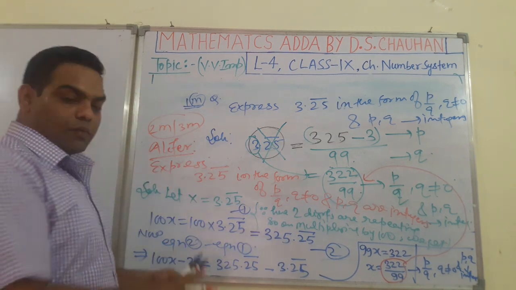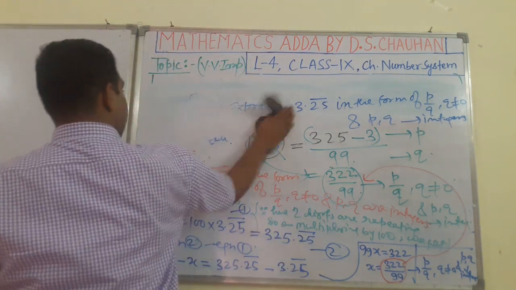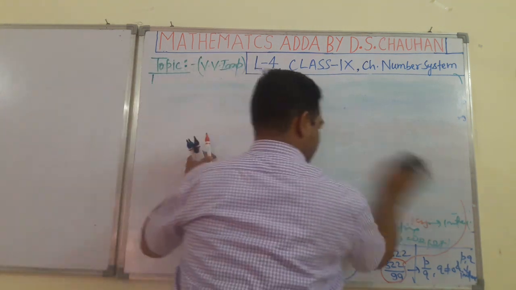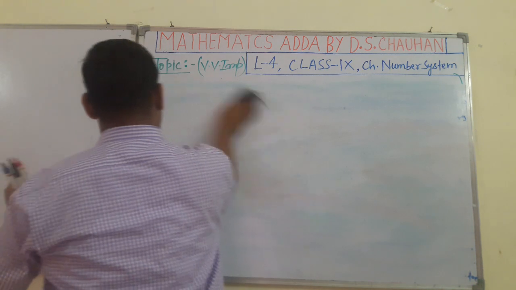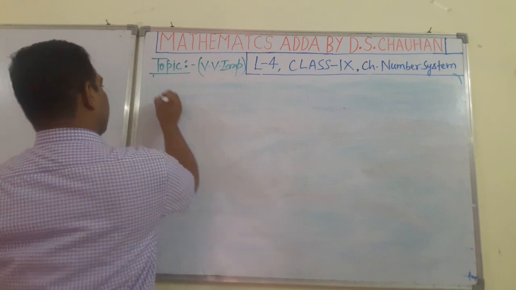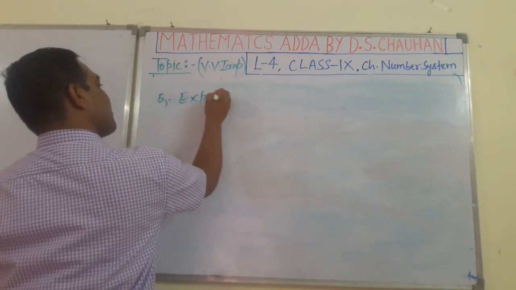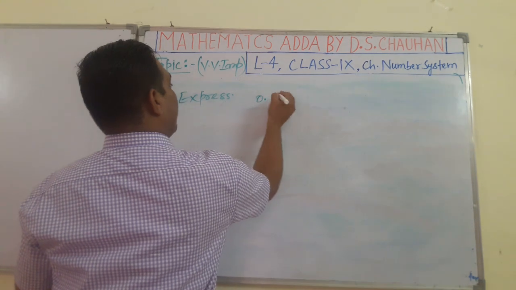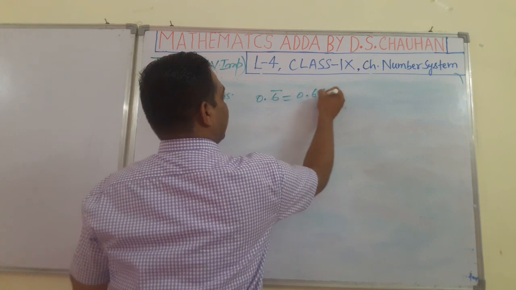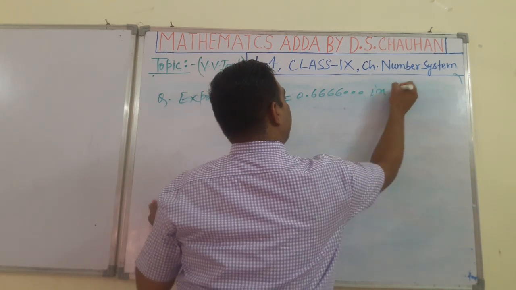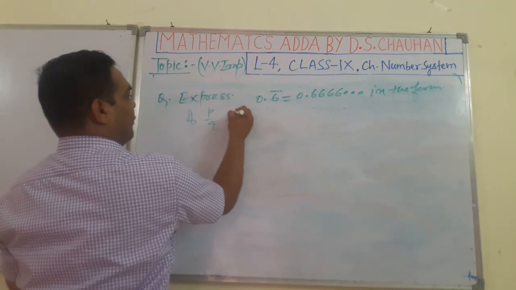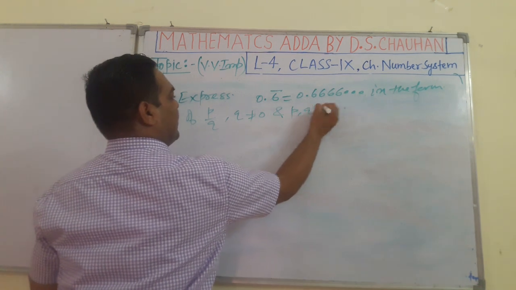Well students, one more question. Express 0.6 bar, which is 0.6666 and so on, in the form of P by Q, where Q is not equal to 0 and P, Q are integers.